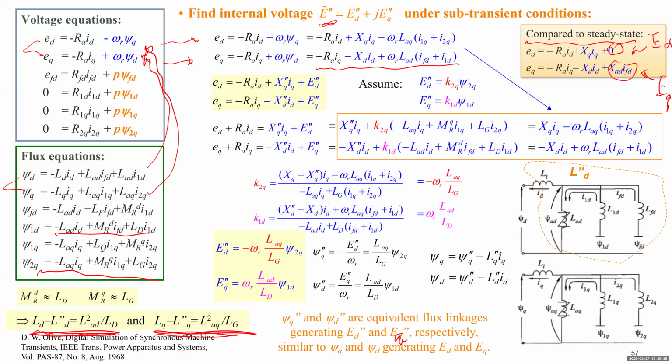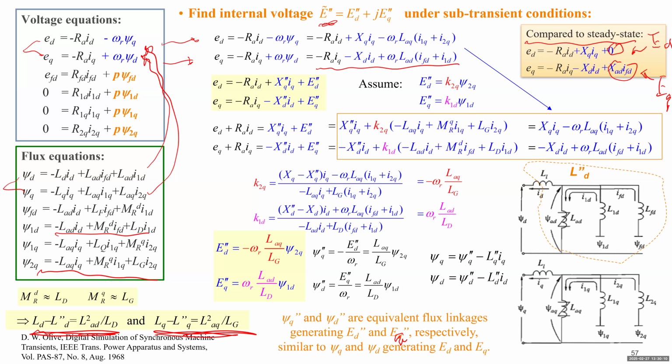Psi Q, which is the flux linkage from the Q axis, will be equal to an internal flux linkage in the Q axis after some flux linkage loss due to this double prime L. If you compare this to the Kirchhoff voltage law, this is like a flux linkage: there's some internal flux linkage, and for this case it will be Psi D double prime.